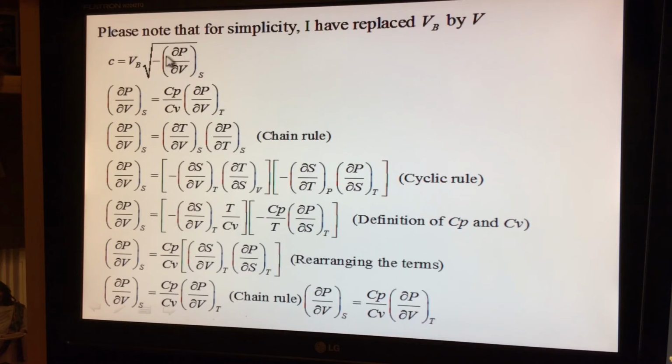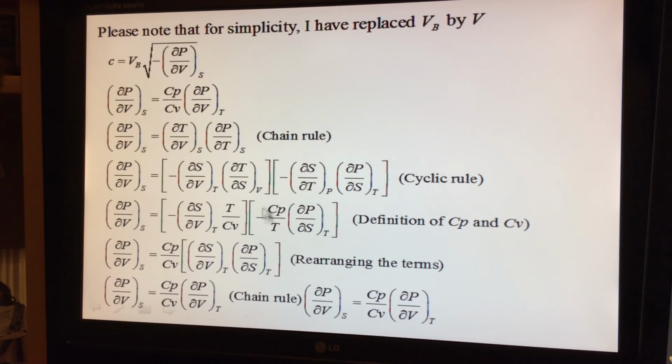However, this partial derivative is very difficult to measure. So we are going to convert this partial derivative that we cannot measure into something that we can. And here is how you do it. Just before I show you these steps, I want you to pay attention that for the purpose of writing it cleanly, I replaced Vb by V.